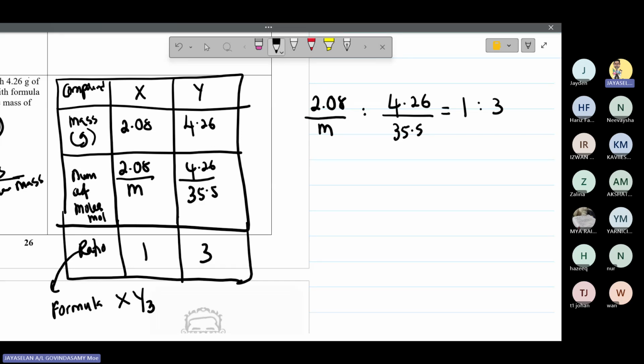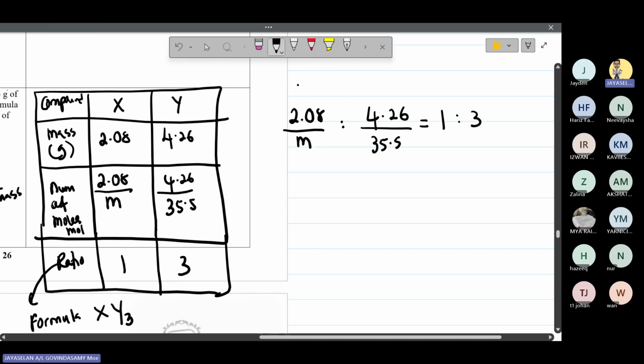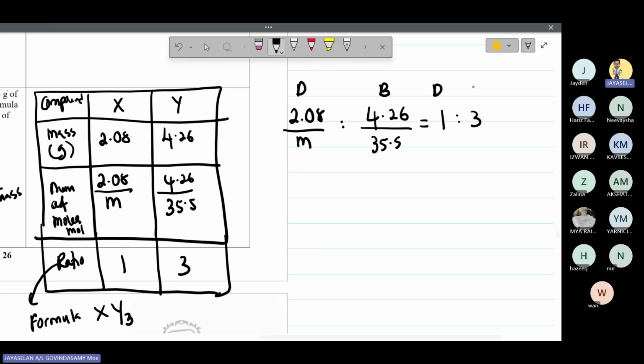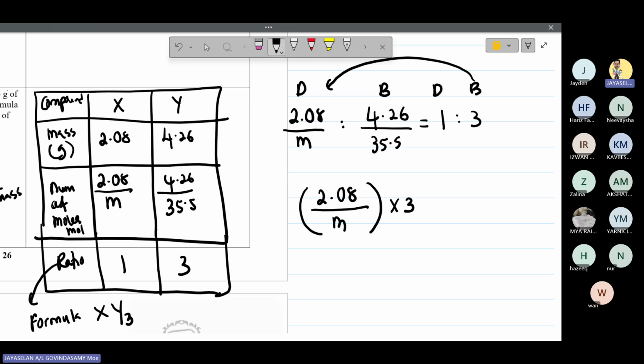After you do this, this is depan, this is belakang, depan and belakang for your right hand side. So depan kekalkan 2.08, and the belakang darab, times with 3.